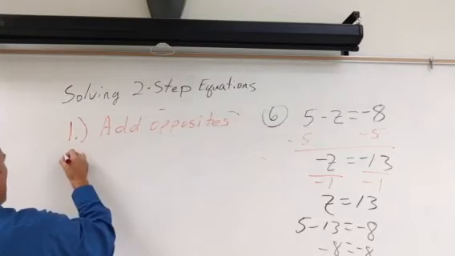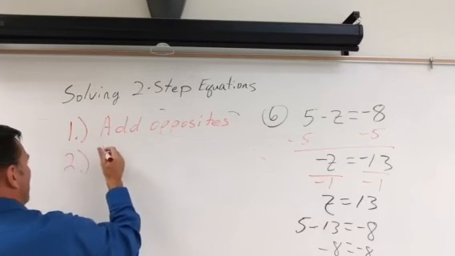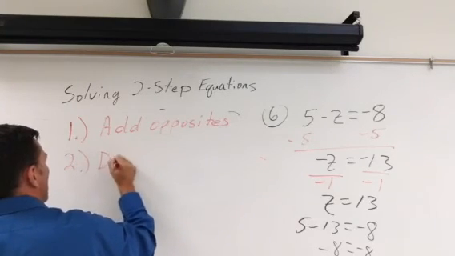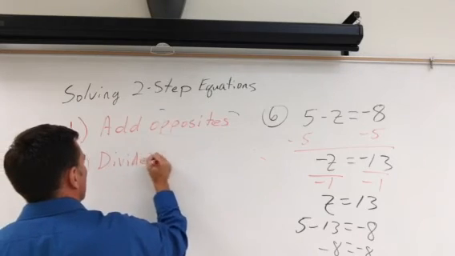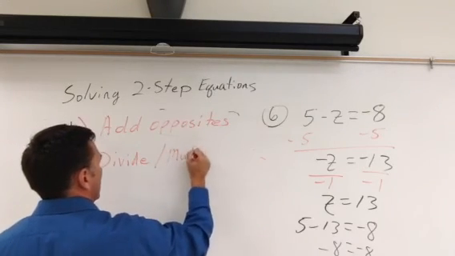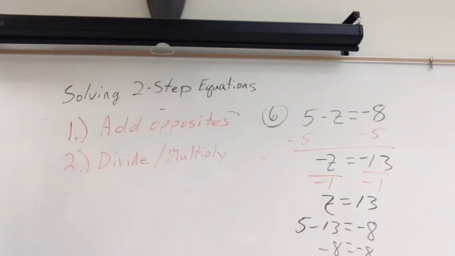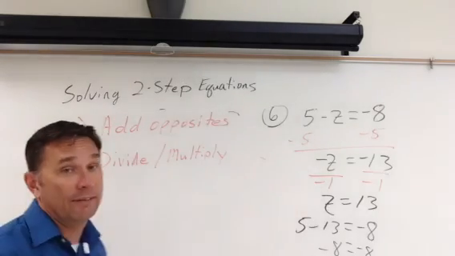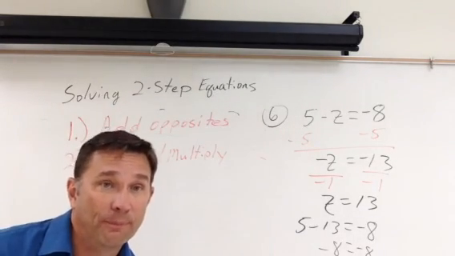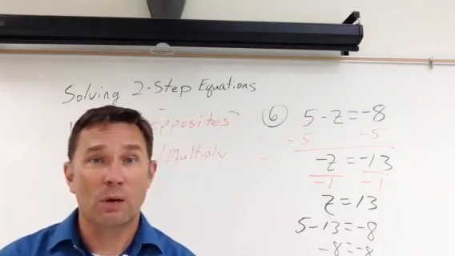The second step, and usually the last step, is either dividing or multiplying by the reciprocal. So again, usually we're going to be adding opposites first, and then dividing or multiplying by the reciprocal. Hopefully this helps, and I'll see you next time.